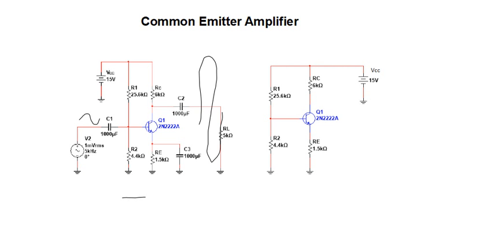Now we can do an AC equivalent circuit of this and a DC equivalent circuit. When I want to do the DC equivalent circuit, I short circuit all AC supplies, but I open circuit all capacitors.